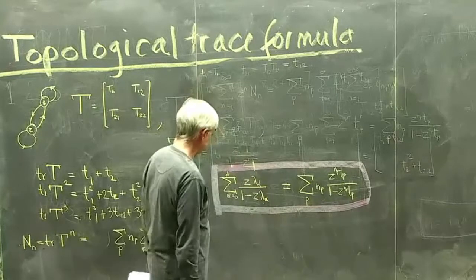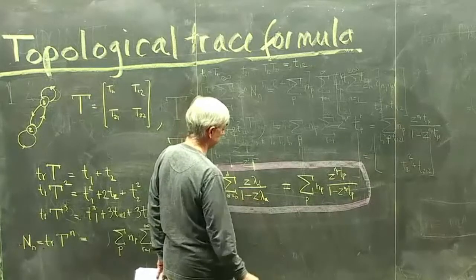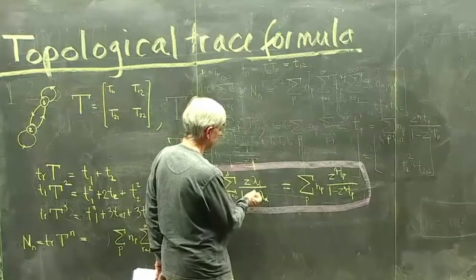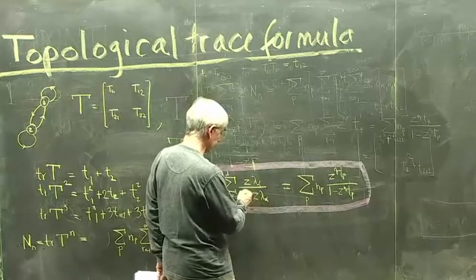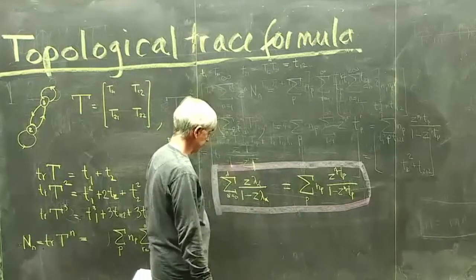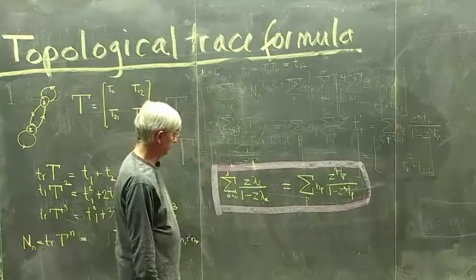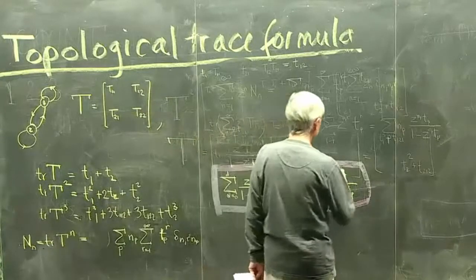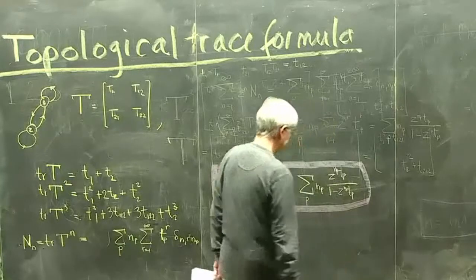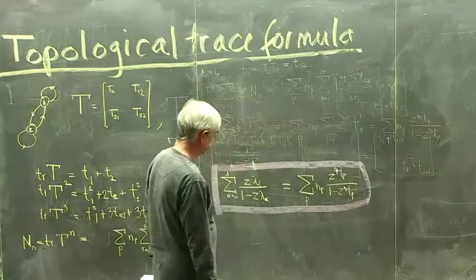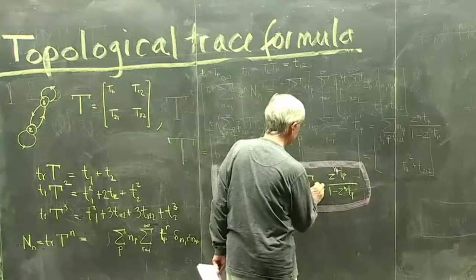So as long as z is smaller than the inverse of the leading eigenvalue, because when it's the inverse of the leading eigenvalue, that'll be the first time we get a 0 in the denominator on the left-hand side. So the left-hand side is okay. Now, the right-hand side you can worry a little bit, but it's got to be convergent because the left-hand side is convergent.